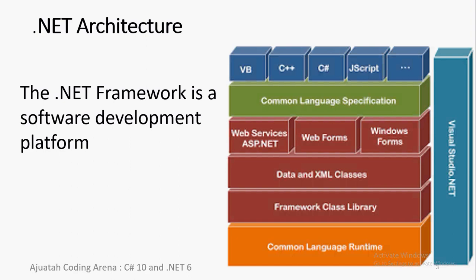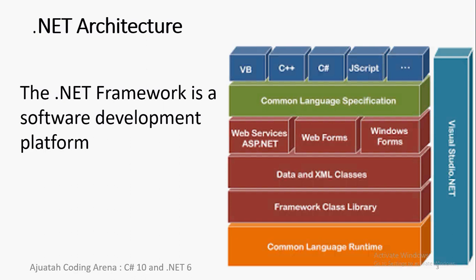It is made up extensively of different components. If you look at the block diagram on your right, you're going to realize that the .NET platform is a development environment that has different components. The first thing you see on top are different programming languages.